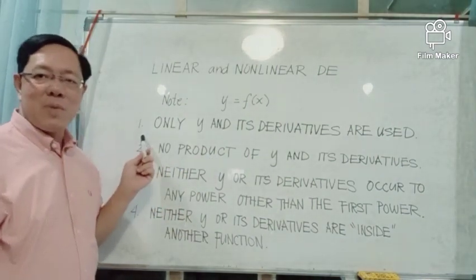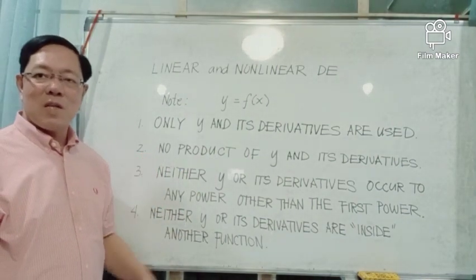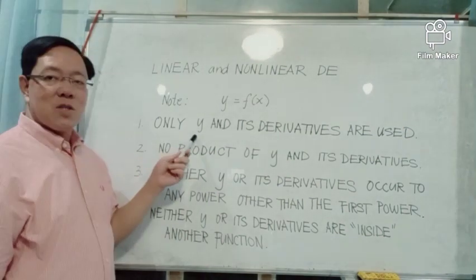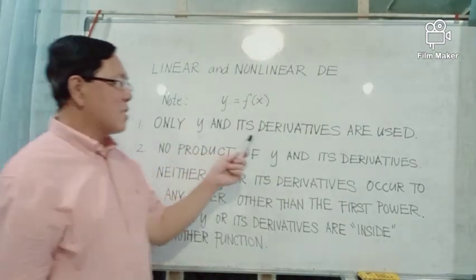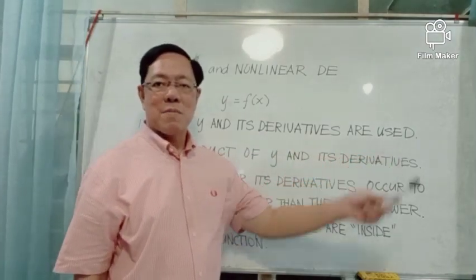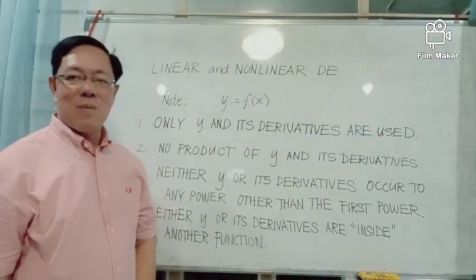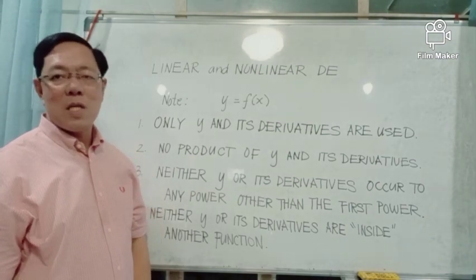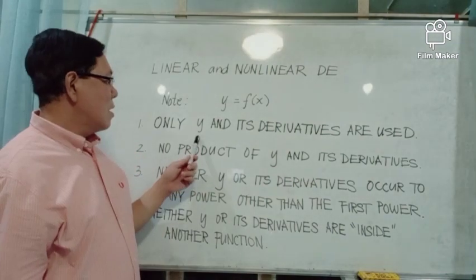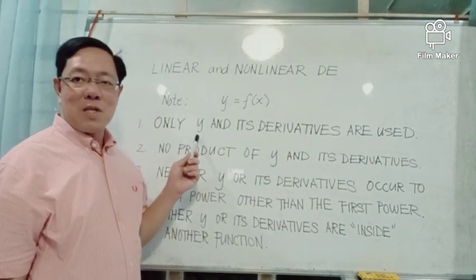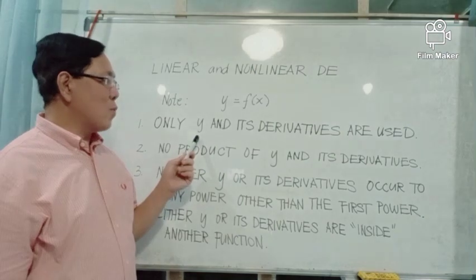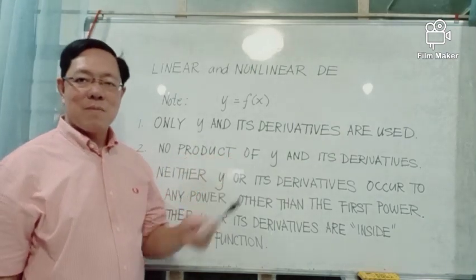Number 1, in determining whether a differential equation is linear or nonlinear, only the function y and its derivatives are used. That is, we examine each term of the given differential equation and we consider only those terms or factors that contain y and its derivatives.